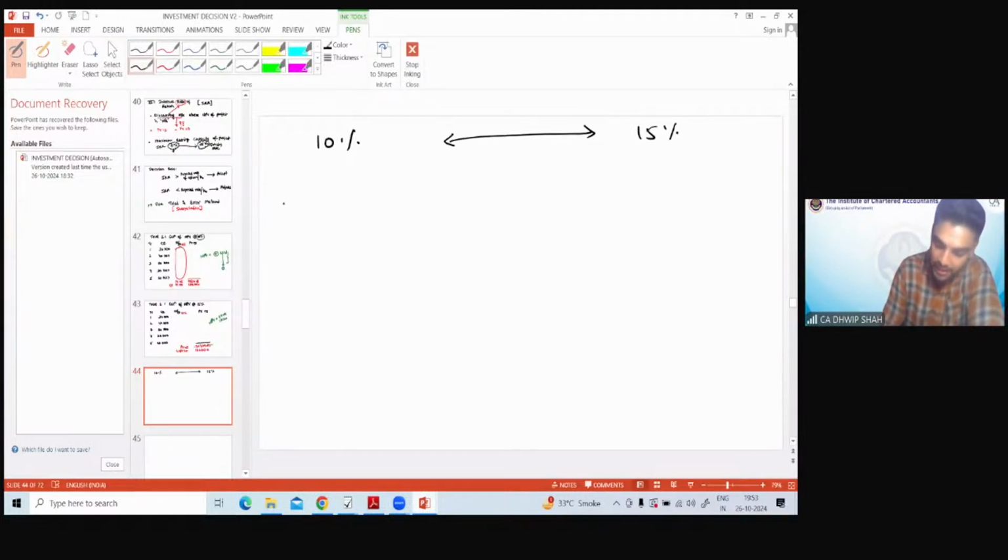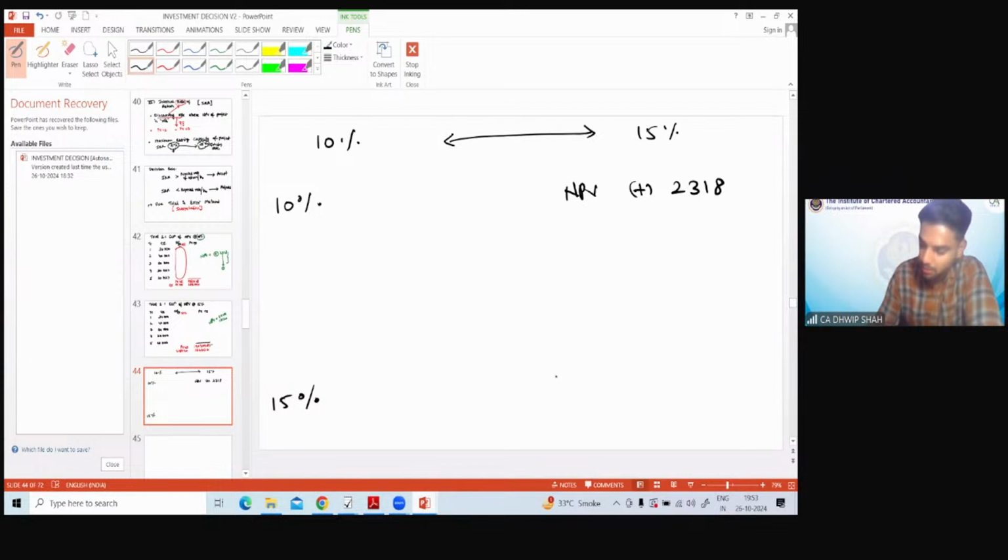When my discounting rate was 10%, my NPV was positive 2318. When I increased this rate from 10% to 15%, my NPV drastically fell to negative 13,120. Correct?